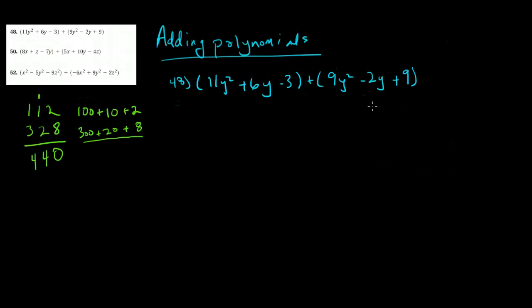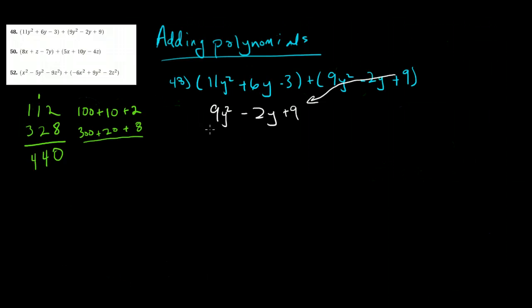And what I can do is take this quantity here and just rewrite it down here as 9y squared minus 2y and add to that 9. I'm just going to take all of that and rewrite it down there.